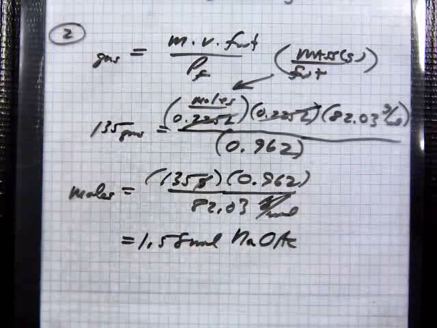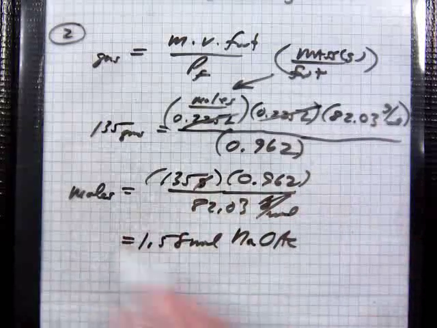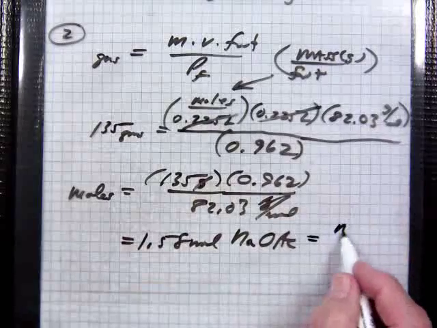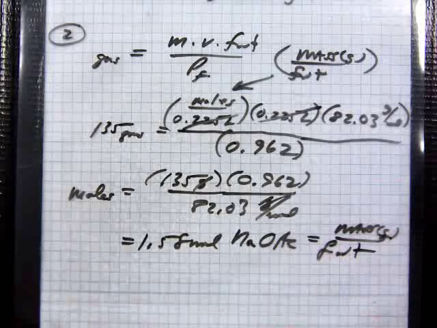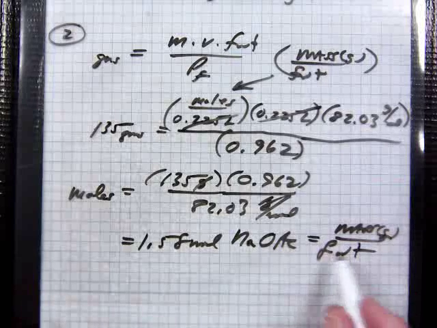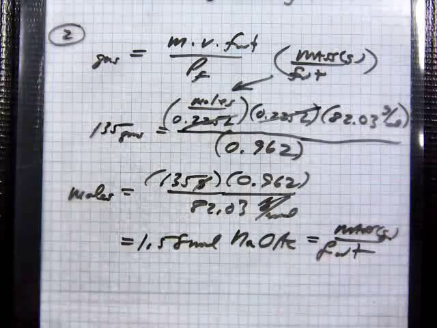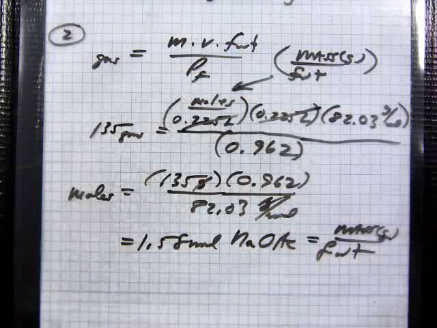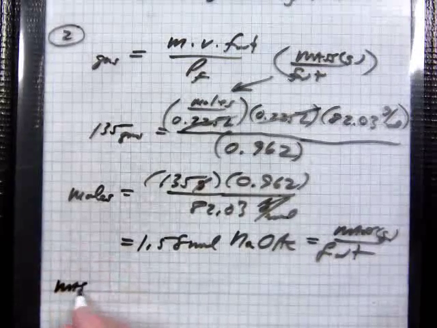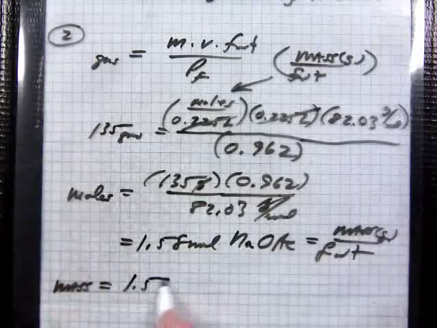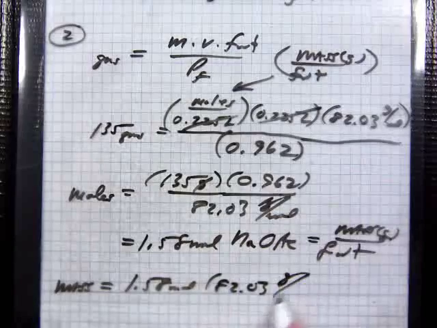Okay? Now, that is equal to, like we were saying, mass over formula weight. And the formula weight is 82.03. Well, we put that back in there. And so we need mass, don't we? Mass is equal to 1.58 mole times whatever that formula weight, 82.03 grams per mole.